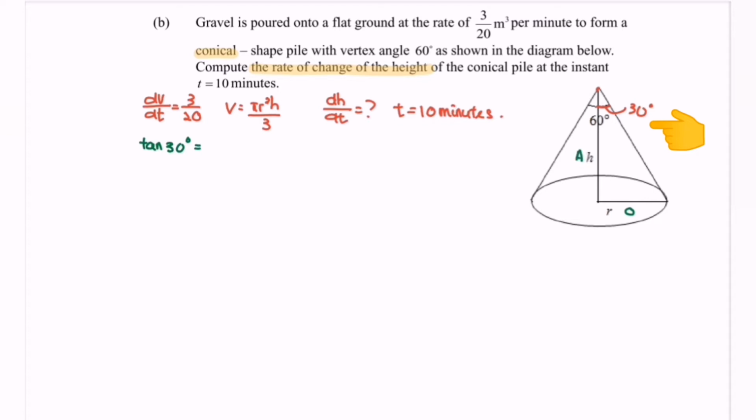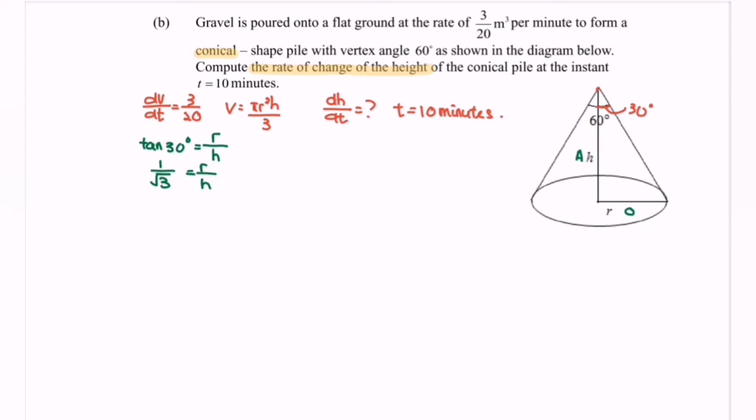So tangent 30 degrees is equal to opposite r over adjacent h. As we all know, tangent 30 is equal to 1 over square root of 3, which is equal to r over h.